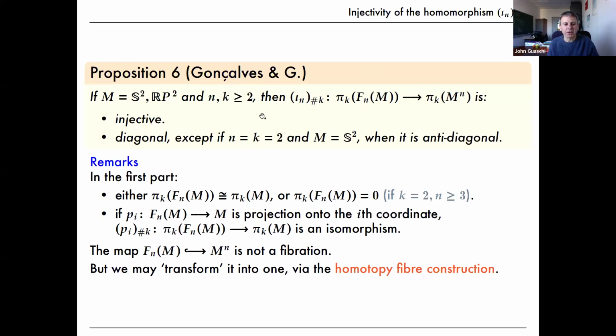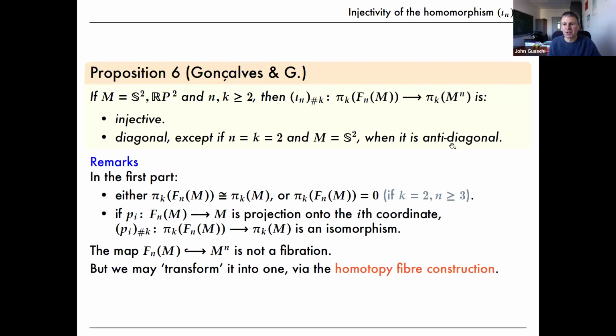All these homomorphisms are injective, and they're mostly diagonal. Here you've got an n-fold product, and the homomorphism sends an element onto n copies of the same element. And there's only one case where it's not diagonal, a very restricted case where both k and n are equal to 2, when in fact it's anti-diagonal.